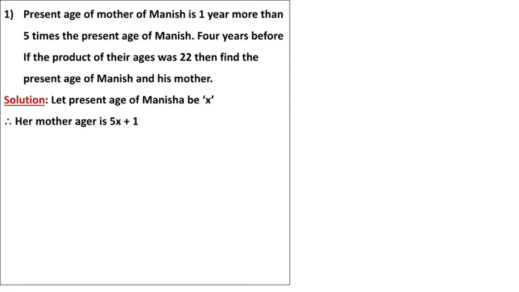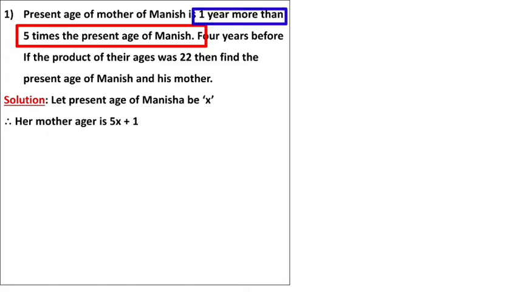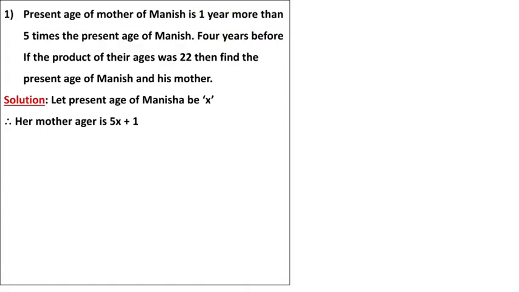Then her mother's age is given as 5 times the present age of Manish plus 1 year more. 5 times the age of Manish means, the Manish age we have taken X, so 5X plus 1 because it is given 1 year more.